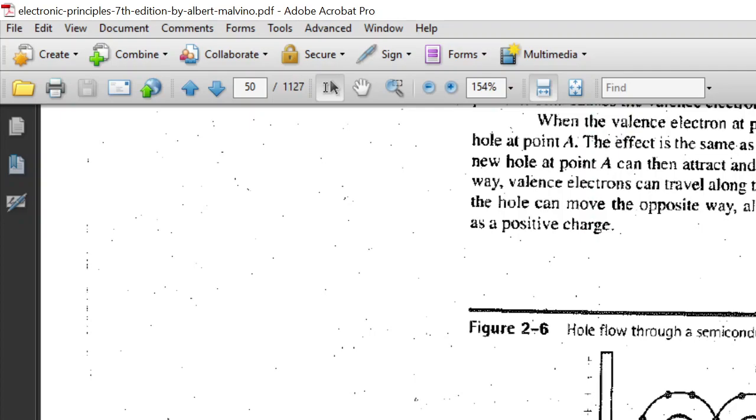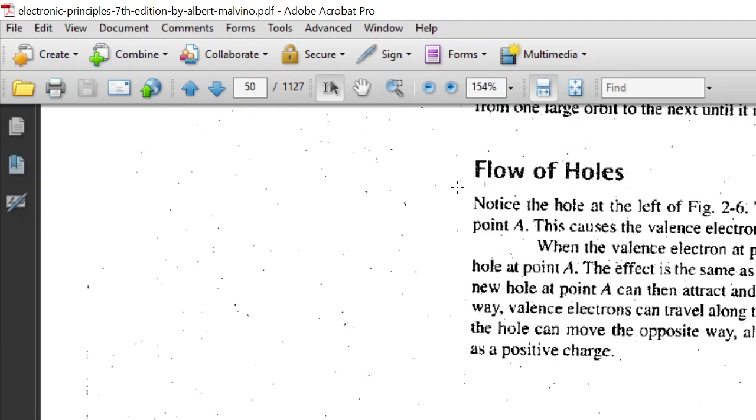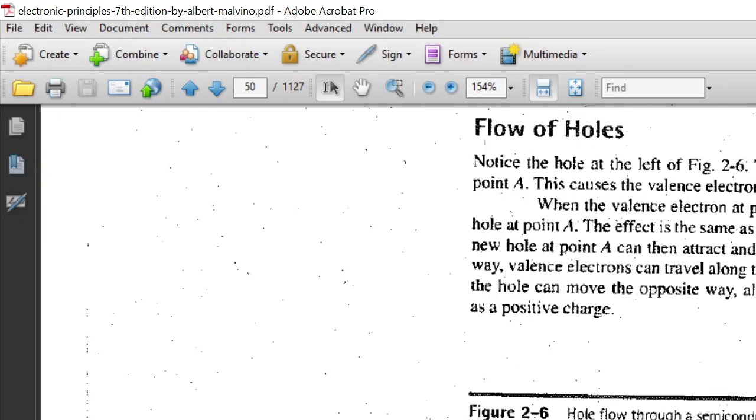D, E, F. So you read this paragraph, you see that when a valence electron at point A moves to the left, it creates a new hole at the point A. The effect is the same as moving the original hole to the right. So the valence electrons are actually moving in the path shown by the arrows here.